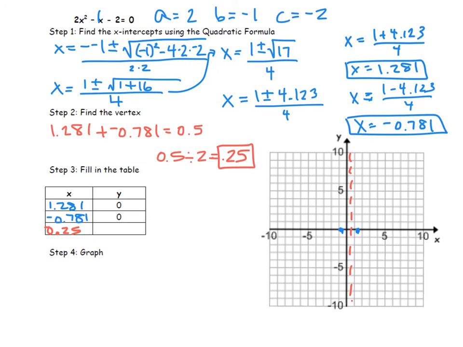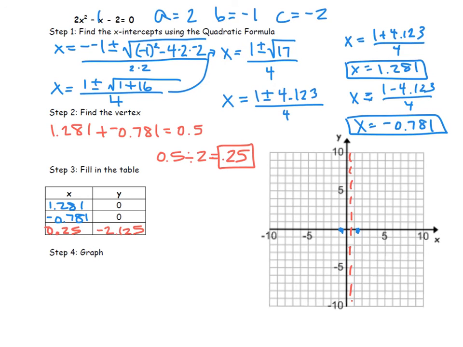When you plug that value into the equation, both here and here for x, we will find that our y value is negative 2.125. So we can plot that on our red line there, our line of symmetry. So 0.25 comma negative 2.125.